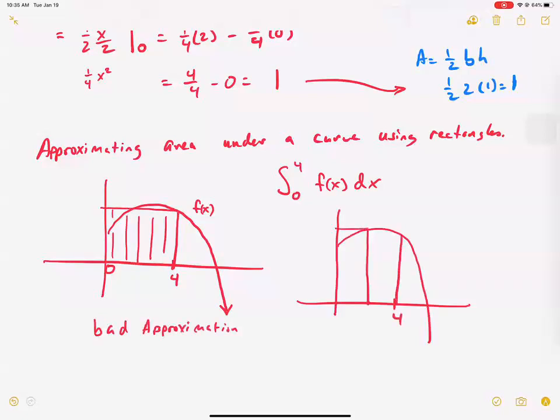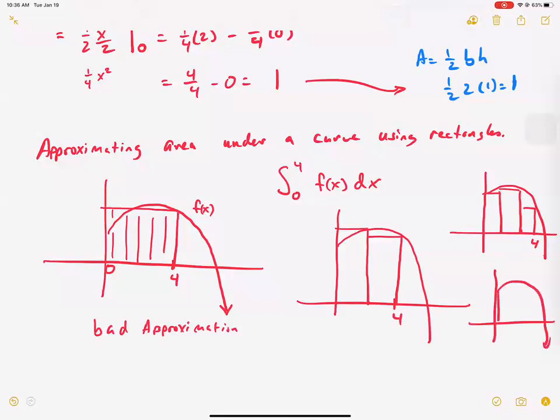Now, how do we frame these 2 boxes? Go ahead and make this into 3 boxes. Eventually, we'll hit a point where we have so many boxes that you're pretty much following the curve.